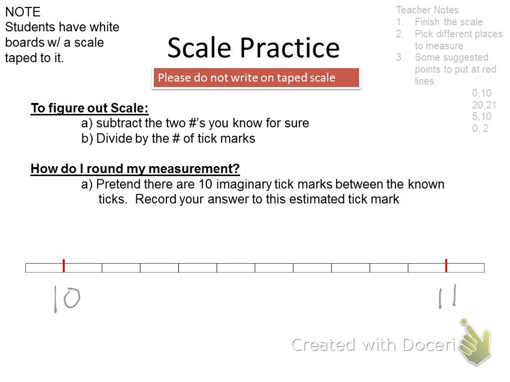Difference between the two numbers is 1 divided by 10 tick marks equals 0.1. So we're counting by 0.1. So for example, this would be 10.1, 10.2, 10.3, etc. So now, what if I pointed to right here? How would I record that answer?